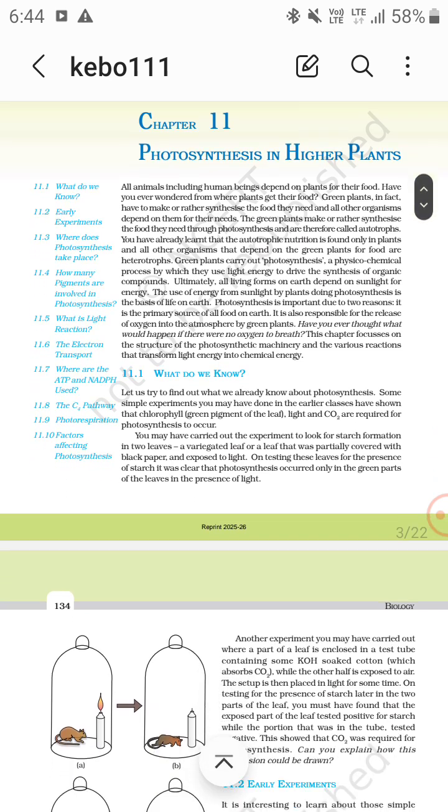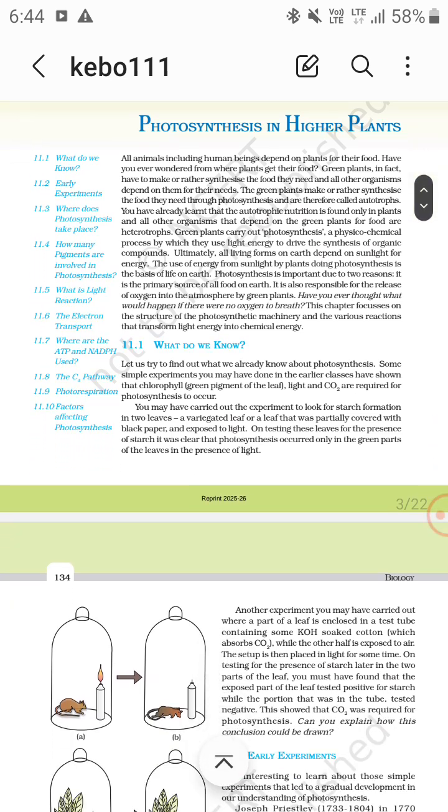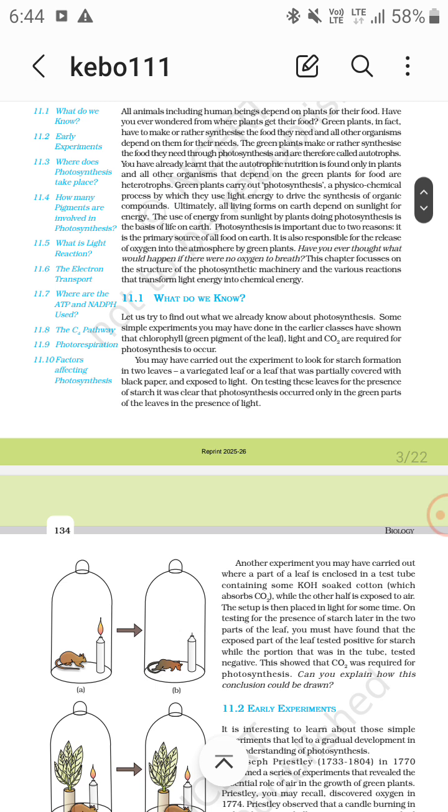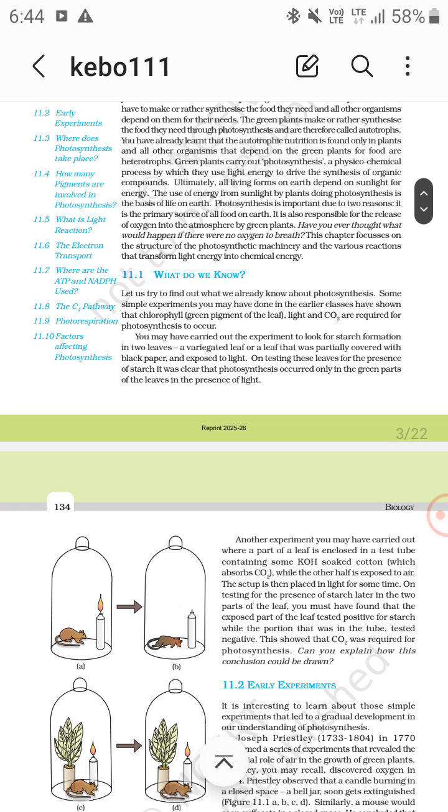Now, what do we know? What is required for photosynthesis? Chlorophyll, the green pigment of the leaf, then light and CO2. Now there is the experiment of the variegated leaf.